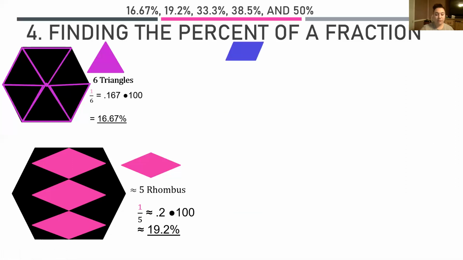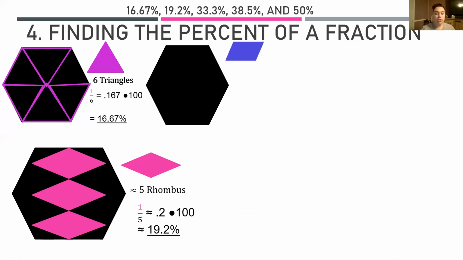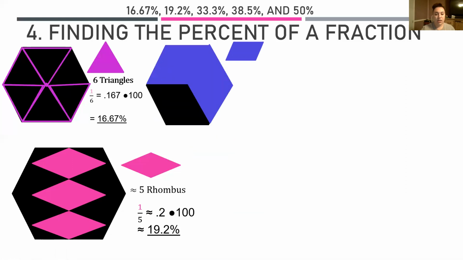Okay, so now we're going to try our parallelogram. Okay, so what you see here is we have one parallelogram, and we have to find out how many parallelograms make up our one hexagon. So as you can see, we've got 1, 2, and 3.